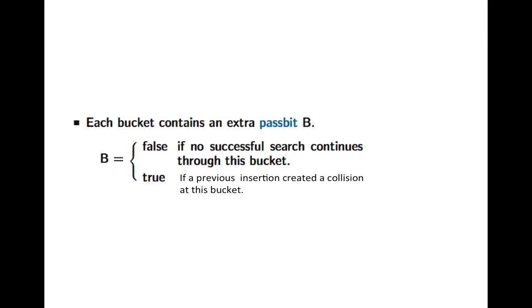The bit is true if a previous insertion created a collision at this bucket. So that would mean that later, if we search for that item that we inserted, it will have a successful search going through this bucket. And the complement is that no insertion created a collision at this bucket.